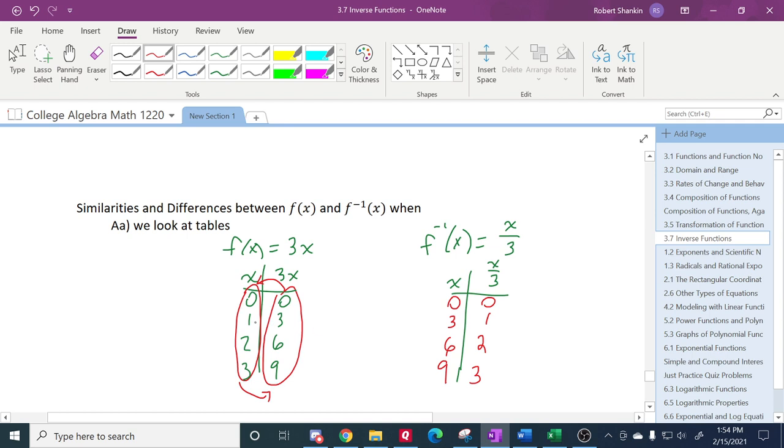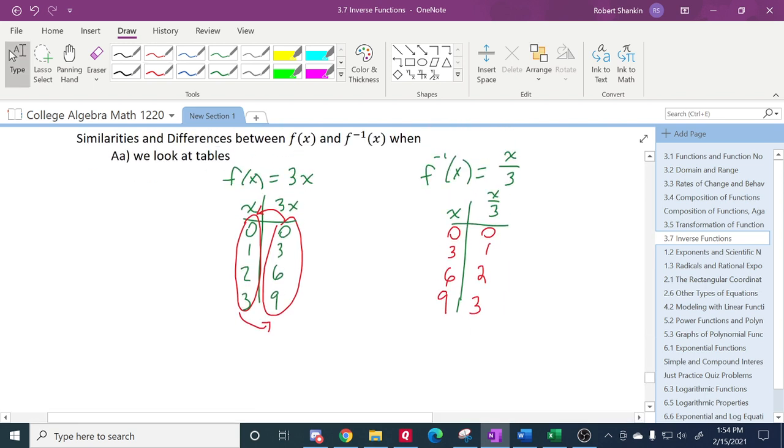This column and this column will just swap places, and that'll be it. Every single time we look at tables, x and y columns just trade places.